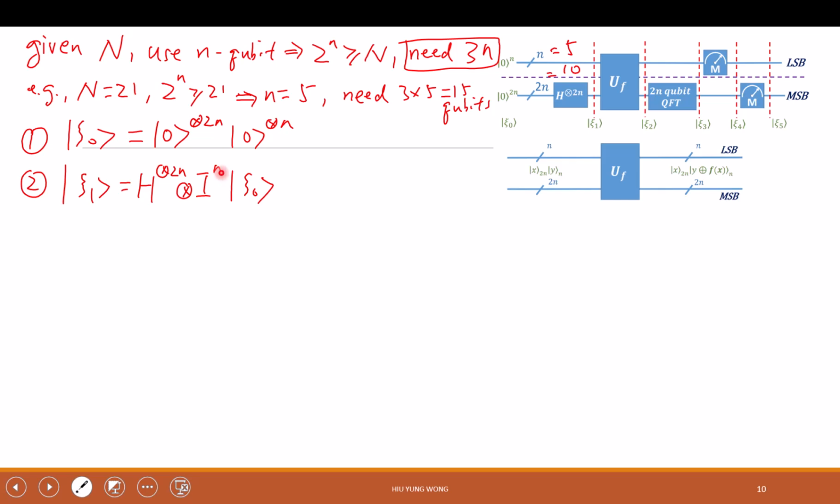Do you agree? First of all, this is the MSB, and this is the LSB. So we apply Hadamard gates, 2n qubit Hadamard gate, to this 2n qubit, and then nothing to this n LSB, which means we apply the identity gates to the top. Any questions?